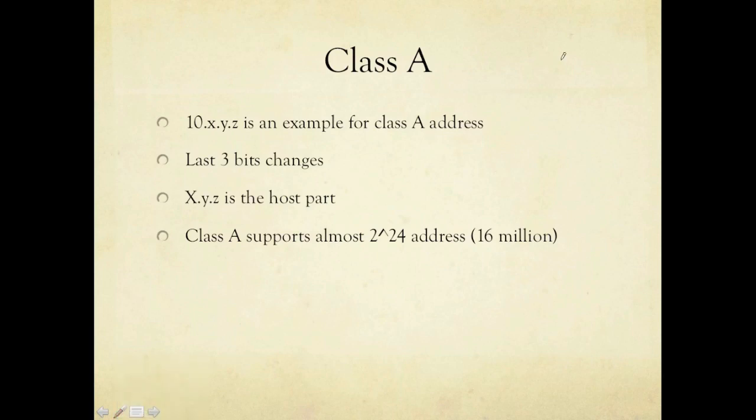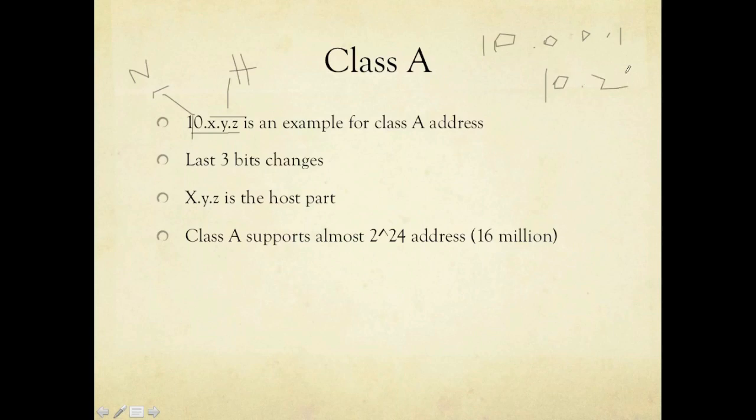So what is class A? In class A, only the first octet is fixed. The first octet alone is the network part. 10.x.y.z is an example of a class A address. If 10.0.0.1 is used, another address may be 10.1.0.2. Only the first part, 10, should be the same, which is the network part, and the other three parts are the host part.